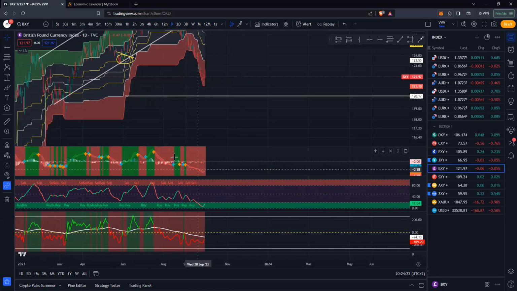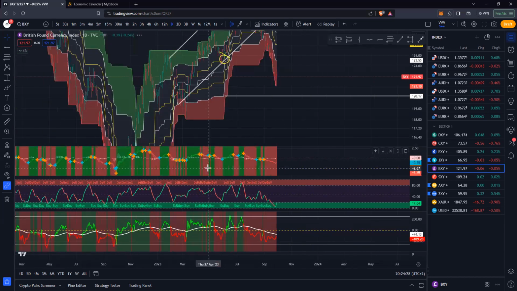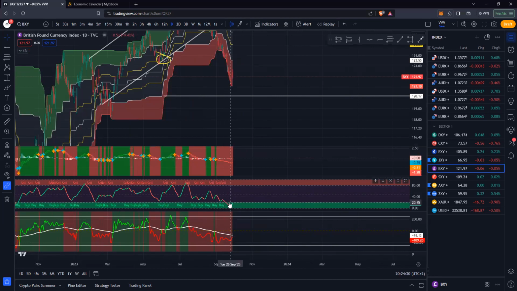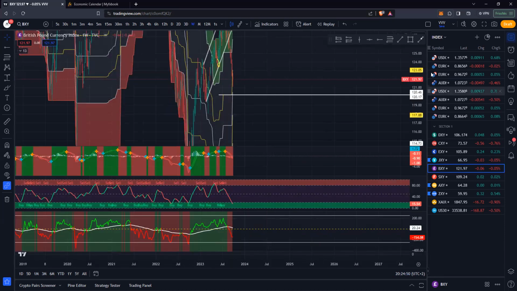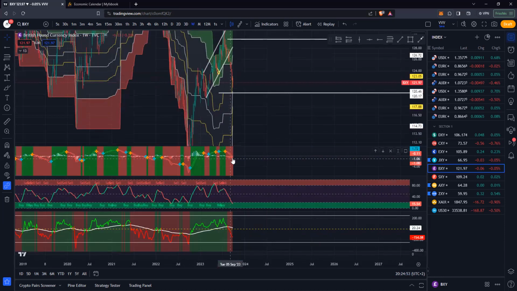Okay, and here as you see, we are under the zero line. There is also something formed here, a small structural divergence, but we didn't get the buy signal yet. Okay, so this could mean that we're going to even hit a lower spot and then a turning point. But definitely keep in mind we are under the zero line even on daily, and on weekly it just crossed the zero line.